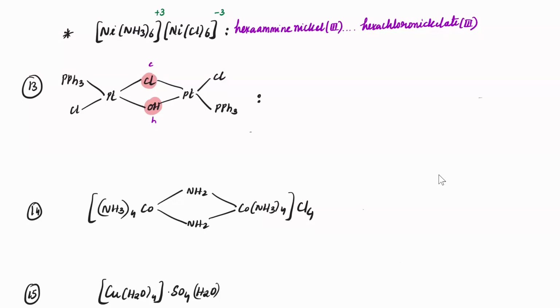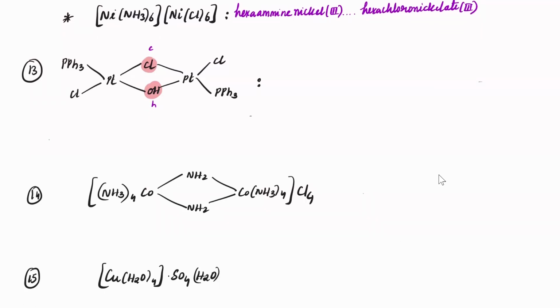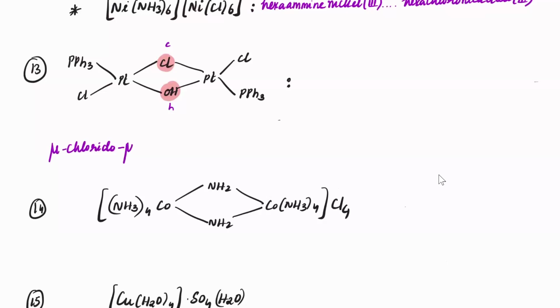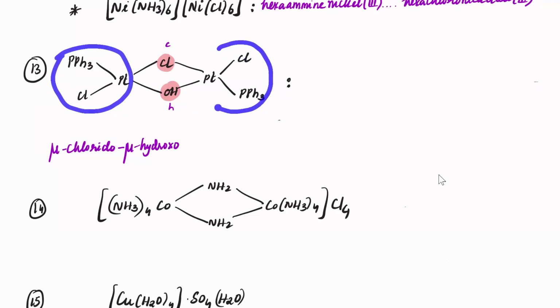So that should be represented first, which makes it mu-chlorido, then another mu-hydroxo, right? Thereafter, you notice that this part on the left and this part on the right are exactly the same, which means this entire thing can be written as one form with bis. So now I can write it as bis.